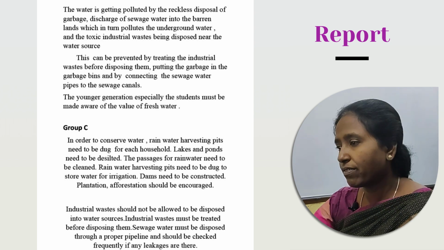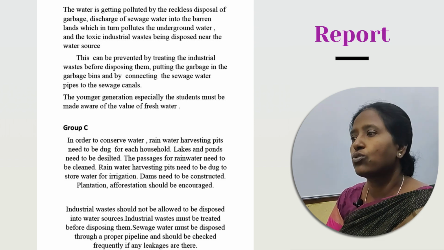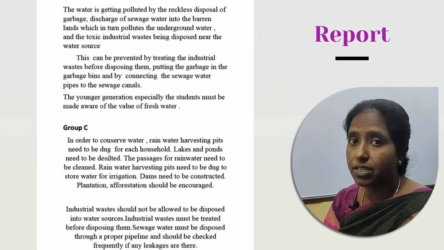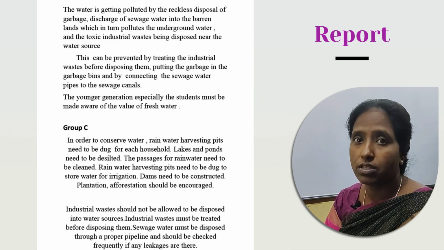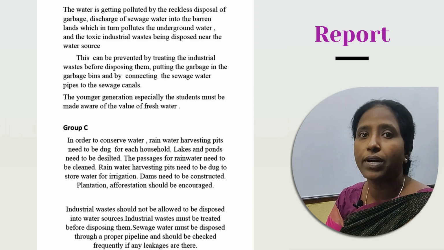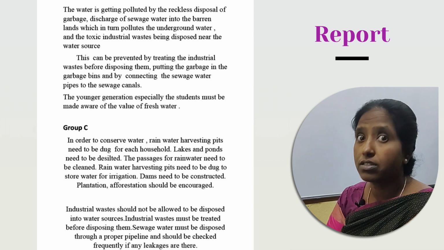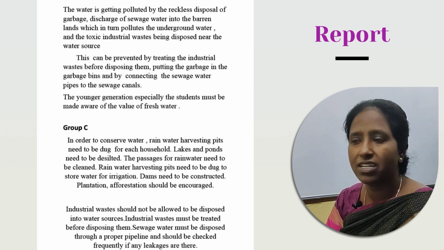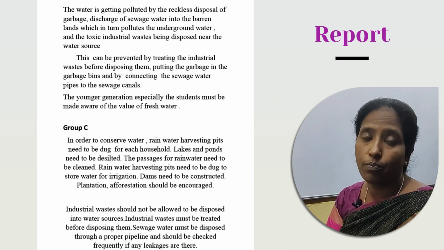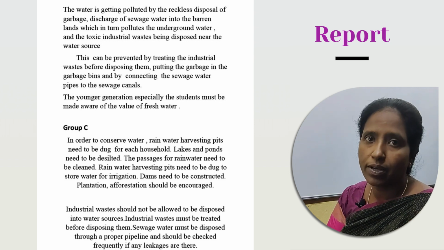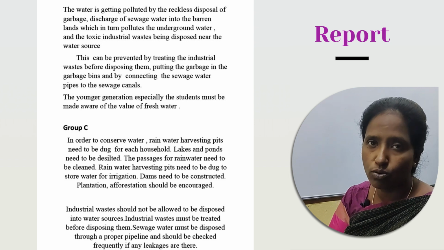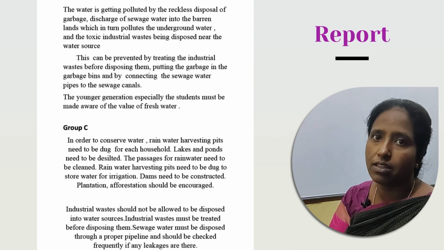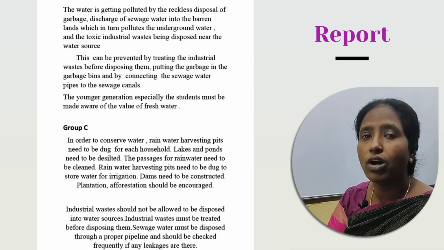Then how to prevent pollution? Industrial waste should not be allowed to be disposed into water sources. If they mix industrial waste into water sources, they should be punished and given strict warnings. Industrial waste must be treated. Generally, industrial waste is poisonous and toxic, so some chemicals should be used so that acidic things become basic and poisonous things become non-poisonous.